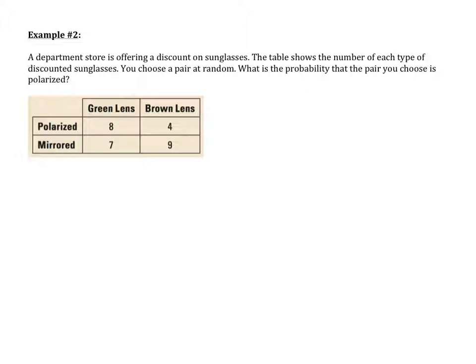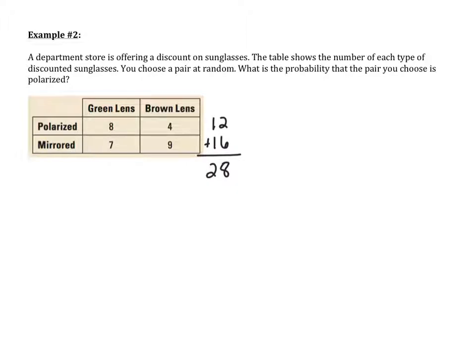So the first thing we need to do is figure out our total number of possibilities of sunglasses we are choosing out of. So for polarized, we would have a total of 12 pairs that we would be choosing from. And for mirrored, we would have a total number of 16. So altogether, we would have 28 pairs of sunglasses that we're choosing at random, one pair.